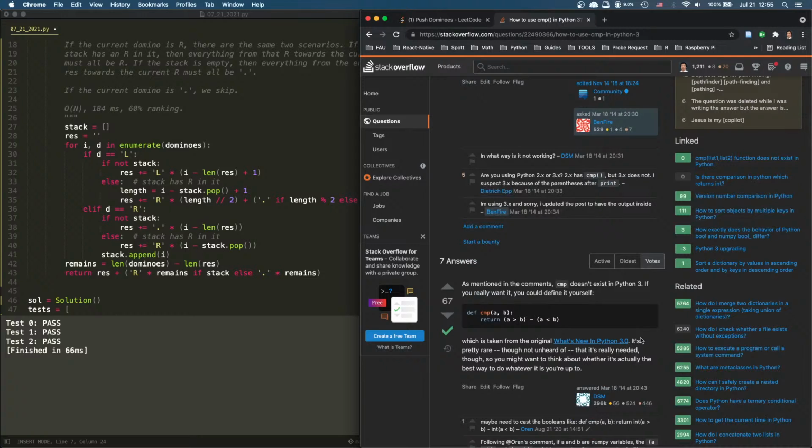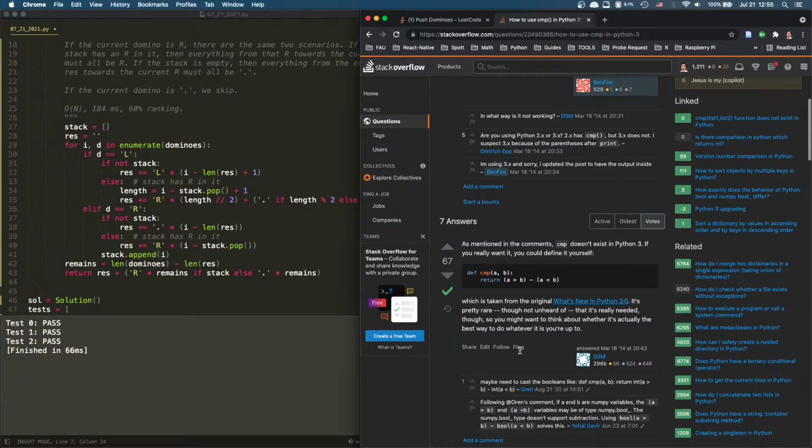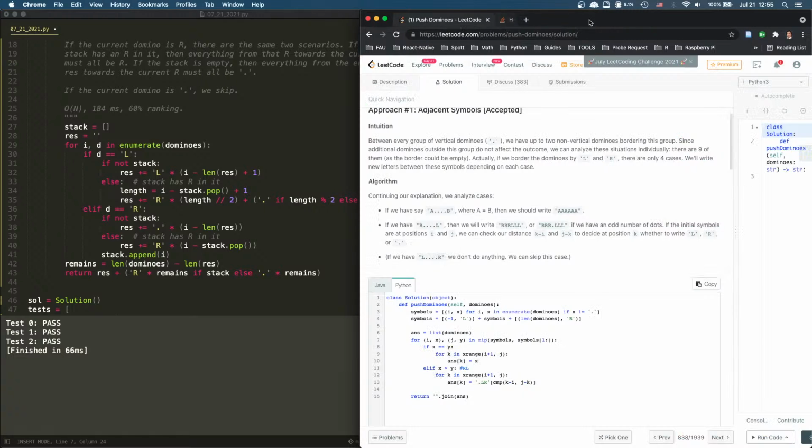What is CMP? Doesn't exist. Taken from the original. Let's just ignore it. Let's just compare function.